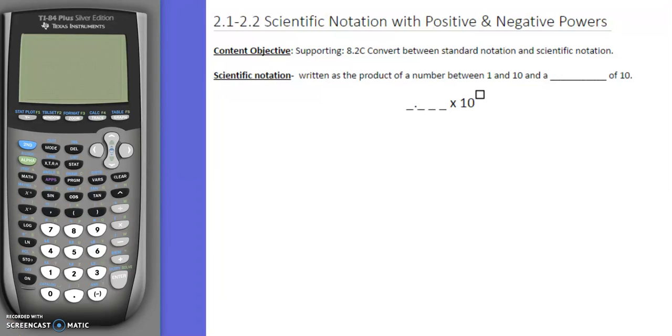All right, scientific notation with positive and negative powers. Scientific notation is written as the product of a number between 1 and 10 and a power of 10.